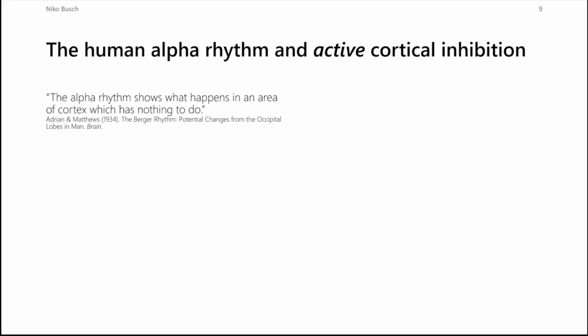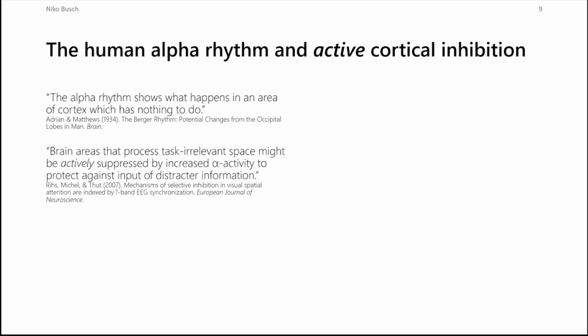So in this old formulation by Adrian and Matthews, the alpha rhythm shows what happens in an area of cortex which has nothing to do. This sounds like a very passive phenomenon. That is something that happens to the brain when the brain is doing nothing. Why the brain does that, well, we don't know, but this basically states the facts and not more.